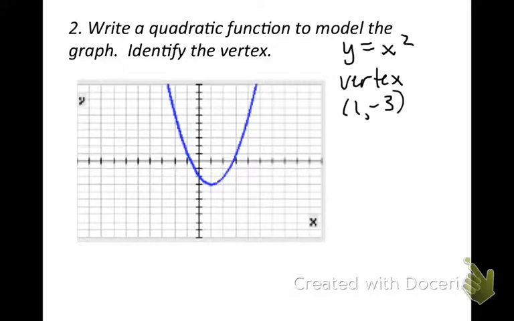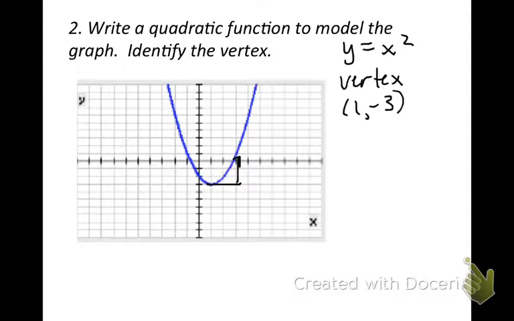If we put in 1 and square it, then we get 1, so we move over 1 and up 1. And if in a parent quadratic we put in 2 for x and square it, then we get 4. So from our vertex, if we go over 2, then we go up 1, 2, 3, 4.